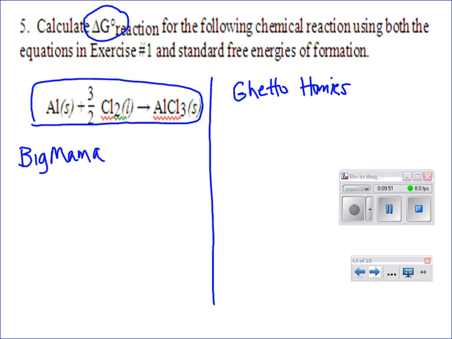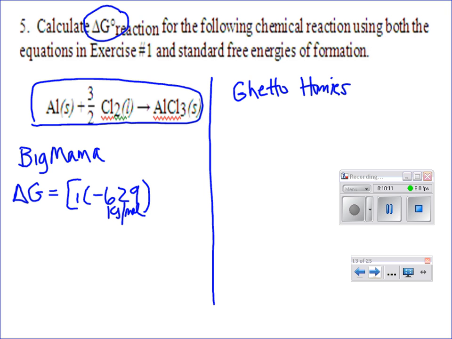So Big Mama, I don't know if you remember, you had a little table on page 3 of your notes where it gave you delta G's, okay? So delta G is products, 1 times, on that table it's negative 269 kilojoules per mole.